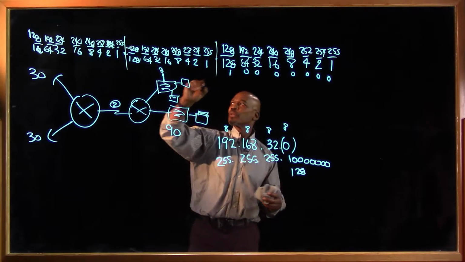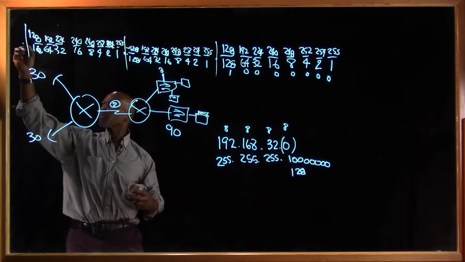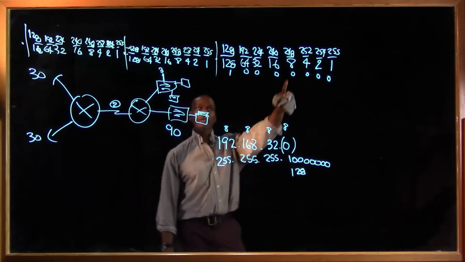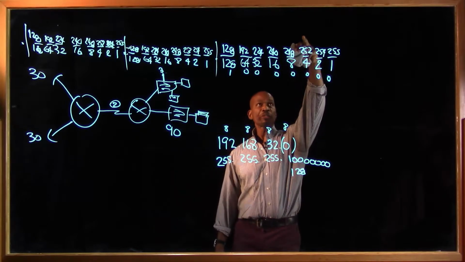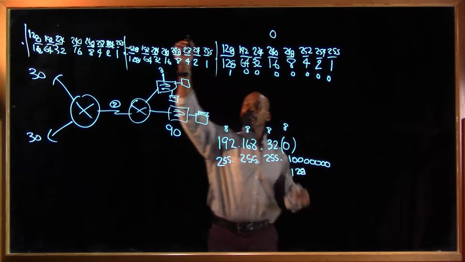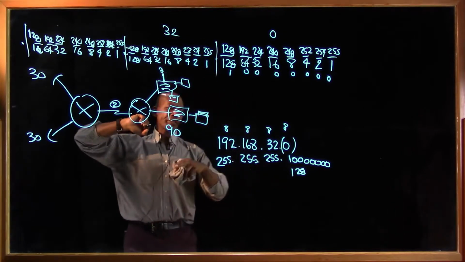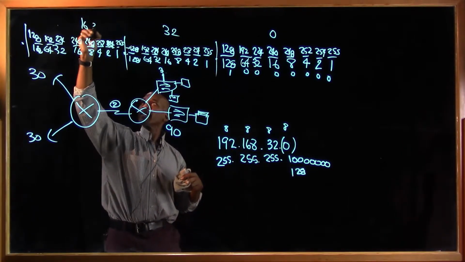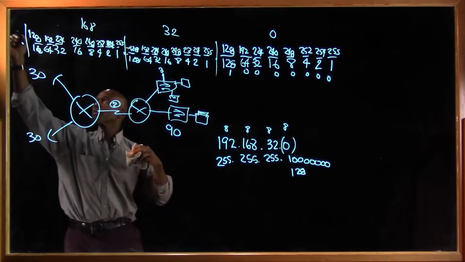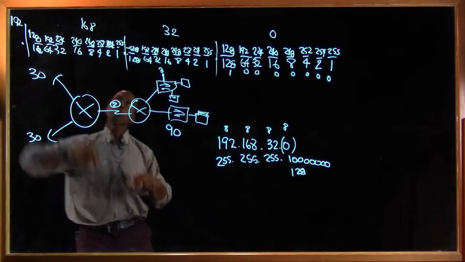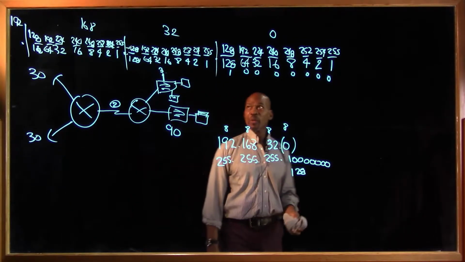Now, I don't want to go any further, but we have another. This is the 0 octet. This is the 32 octet. This is the 168 octet. And this last one is the 192 octet. This is how it's represented.